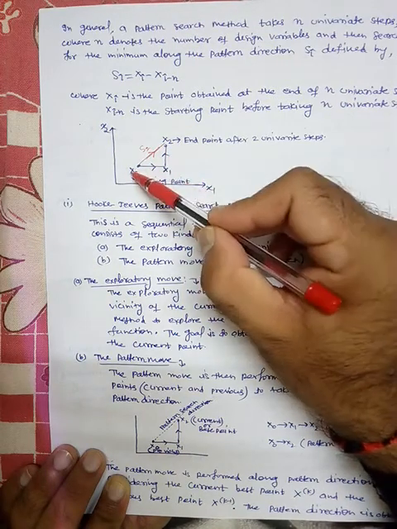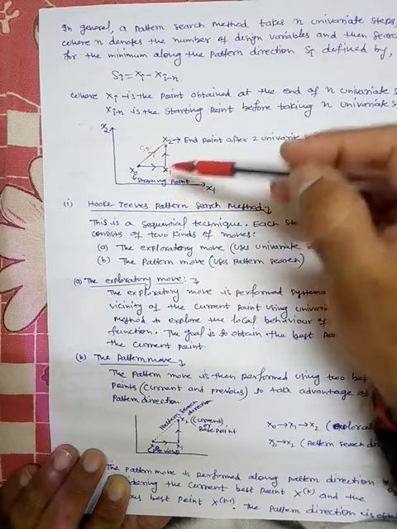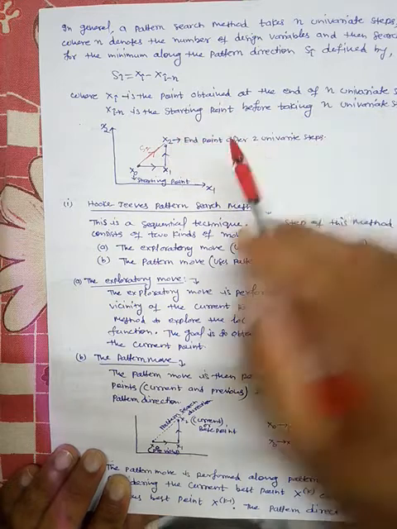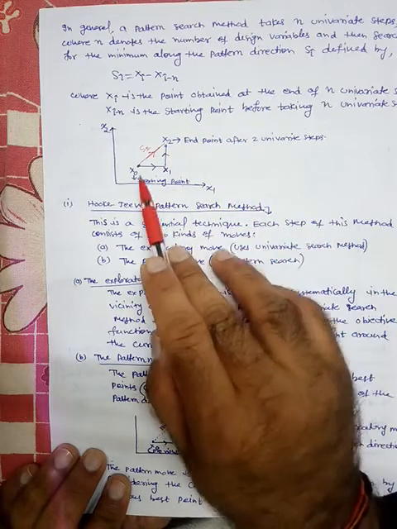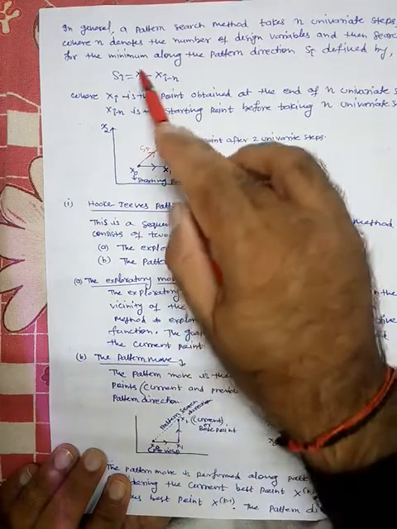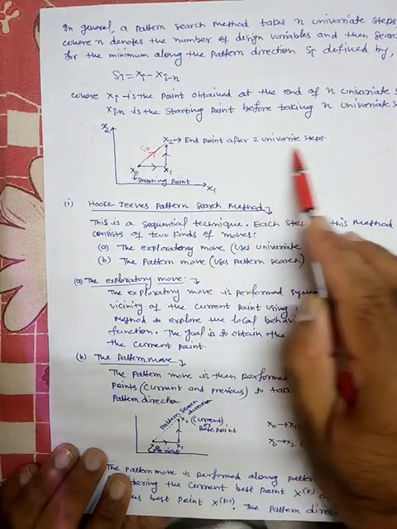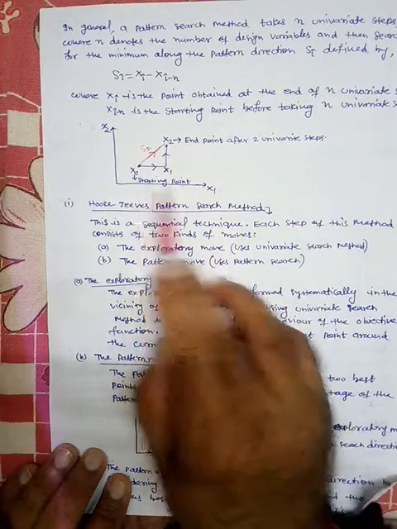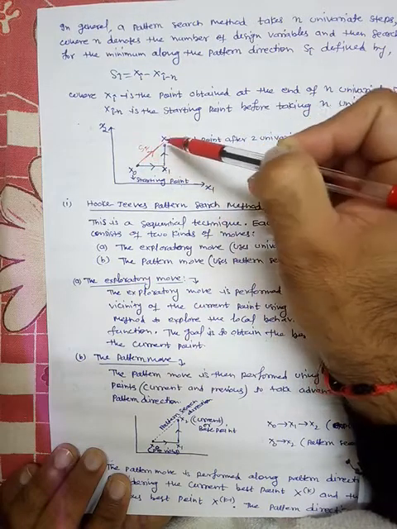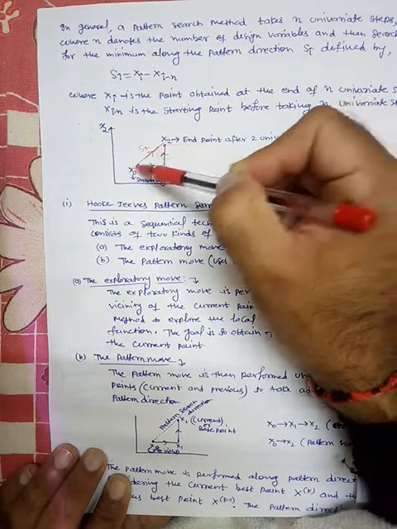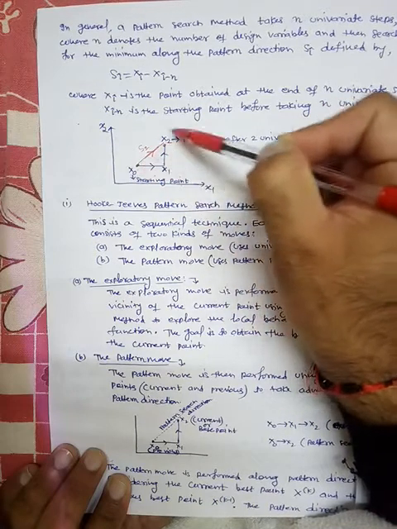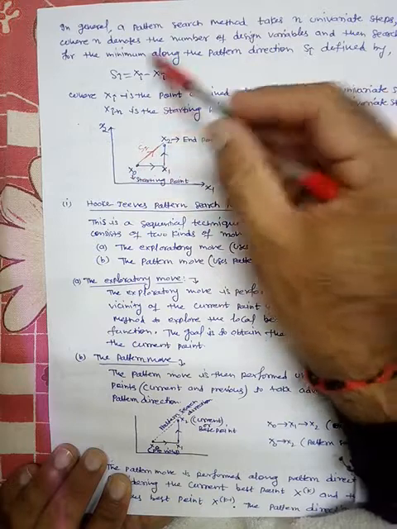After one univariate step you move from x0 to x1, and after the second univariate step you move from x1 to x2. So this xi is basically x2 at the end of 2 univariate steps, and the starting point is x0. So here s2 is basically x2 minus x0. Diagonally, in vector form, this direction s2 is x2 minus x0. So this is the general form.